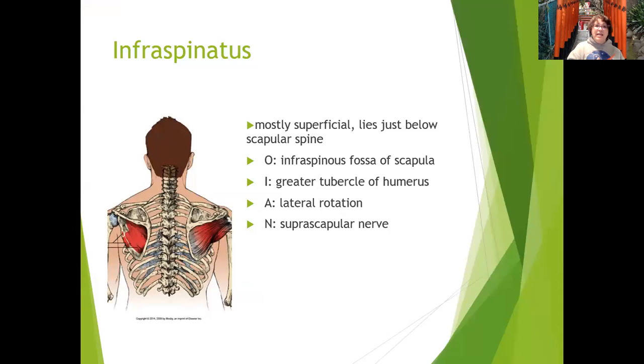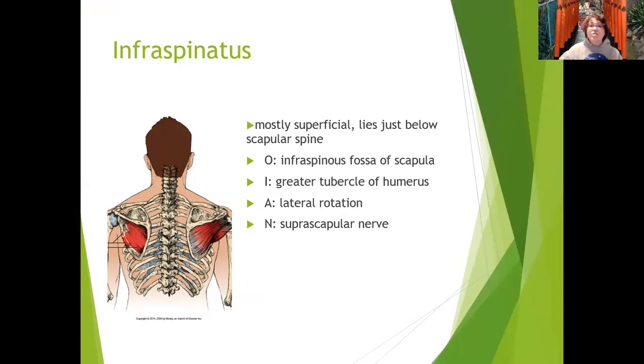The infraspinatus, it's mostly superficial. It lies below the scapular spine, and yes, you can palpate it. Its origin is the infraspinous fossa of the scapula, sometimes also called the infraspinatus fossa of the scapula. Both are correct and acceptable on an osteology quiz.